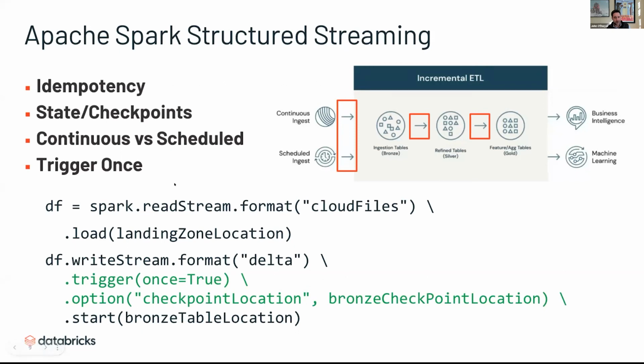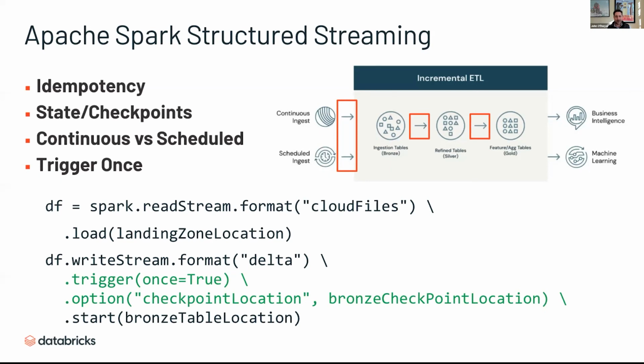The other part of structured streaming that is very great in incremental ETL is the ability to go between continuous and scheduled, in this case ingest, but we will talk about continuous and scheduled traversing of data between delta tables as well.